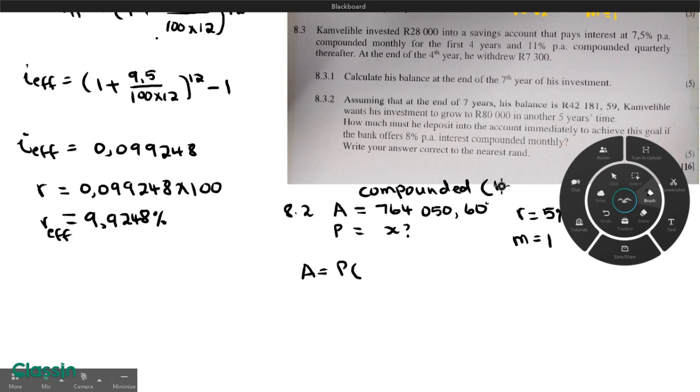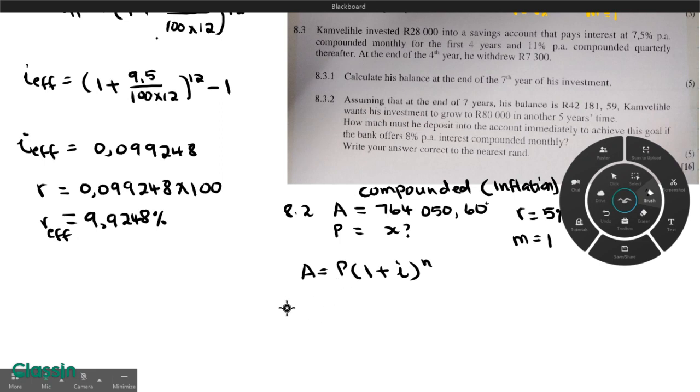And the term inflation. So the terms compounded and inflation allow you to use this formula, compound interest. So with these two terms, we are using this formula.